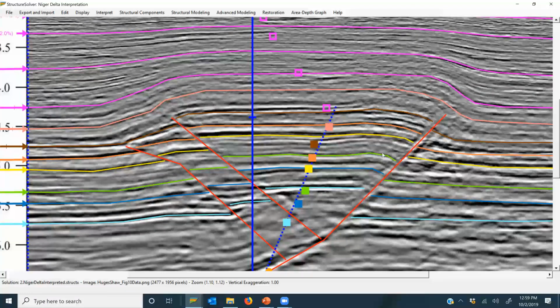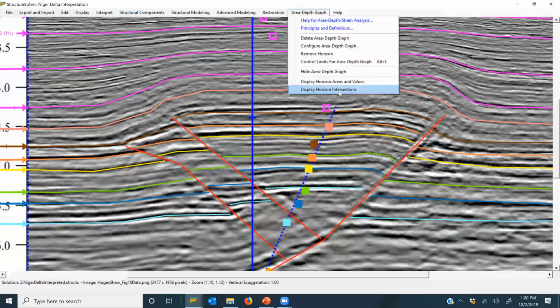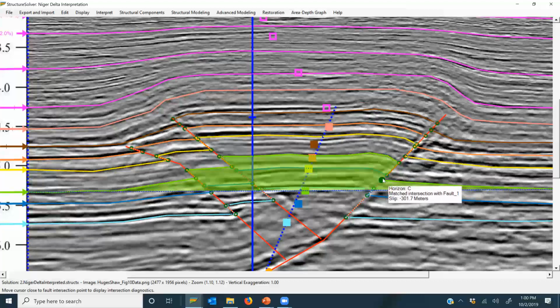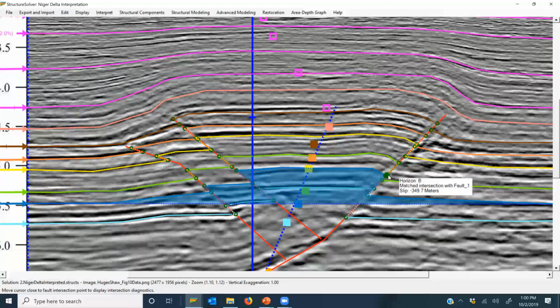So the software is actually projecting these horizons forward into the fault and then finding the projection on the other side for the corresponding footwall for the horizon. If we display the horizon intersections, the software shows us valid intersections with these little green circles, and it's giving you the amount of slip across the fault.